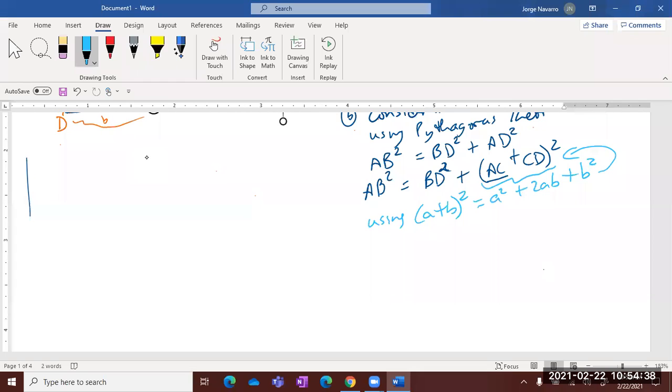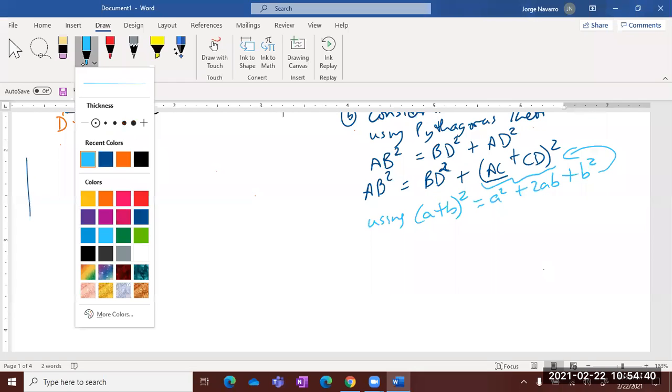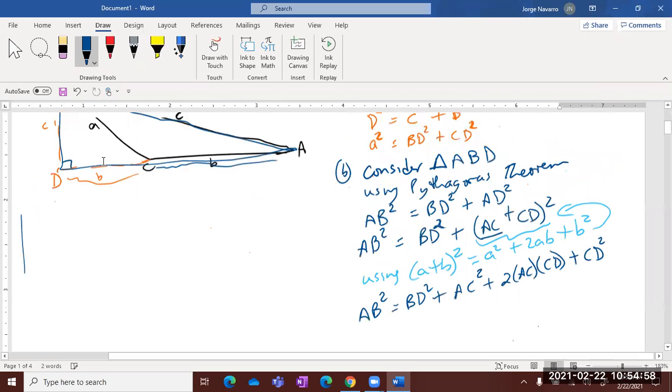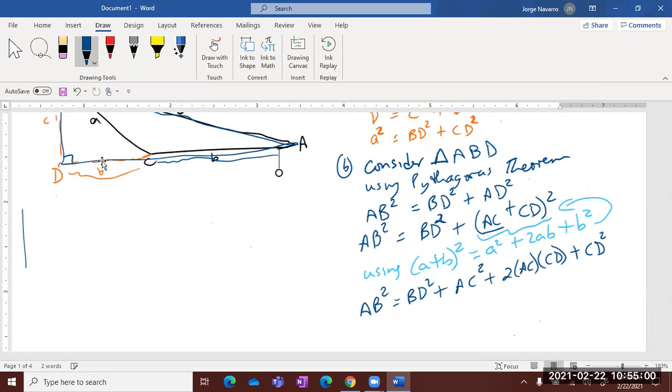Which will give me then AB squared is equal to BD squared plus AC squared plus 2AC times CD plus CD squared. Everybody with me? Did I lose anybody?